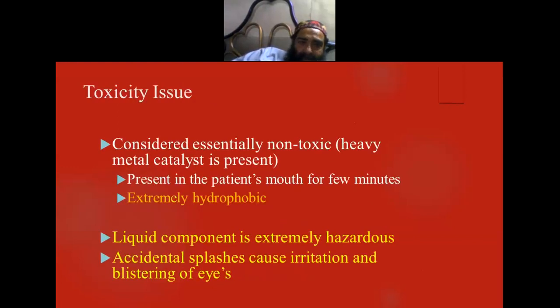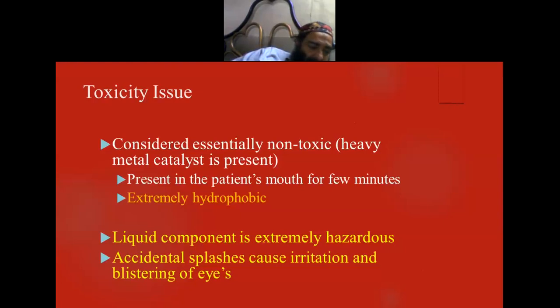Toxicity issue again: this is considered essentially non-toxic in spite of a heavy metal catalyst being present.